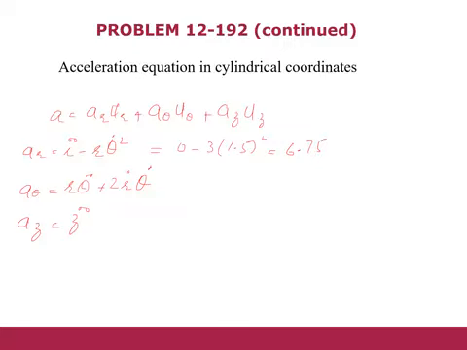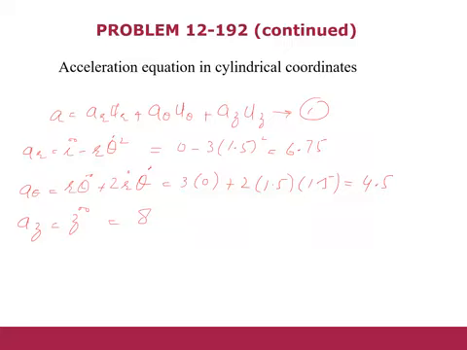Okay, now you have r which is 3, theta double dot 0, plus 2 r dot which is 1.5, theta dot was also 1.5. So when you solve it you will get 4.5, right? And this will be the 8.